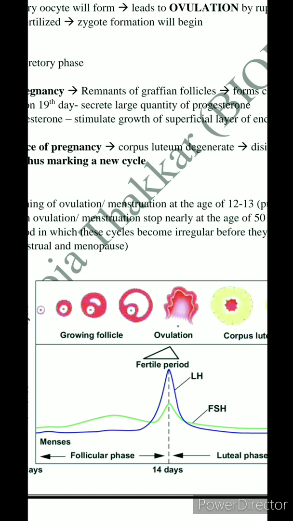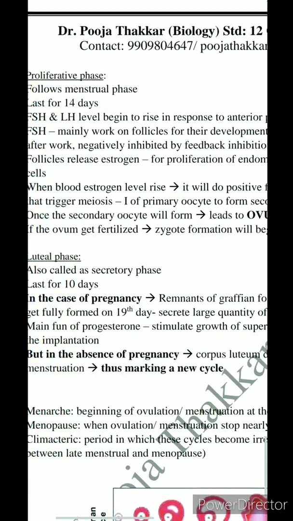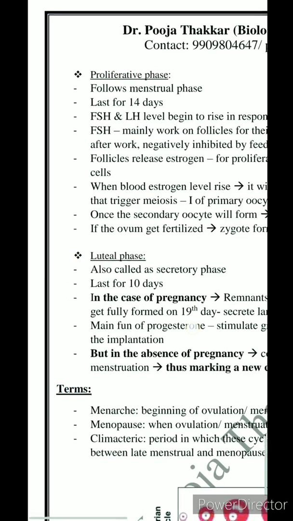The day varies in a particular female depending on the cycle length developing each month, whether 23, 24, 25, or 26 days, right? So as per that, the day on which ovulation happens varies in a particular female.